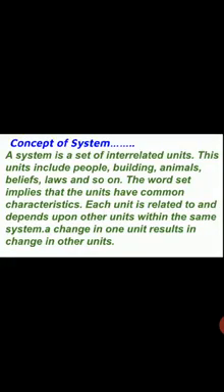Each unit is related to and dependent upon other units within the same system. A change in one unit results in change in other units. If we go to the very short, then system is always more than the sum of its parts.